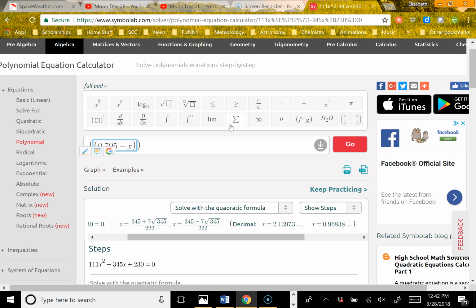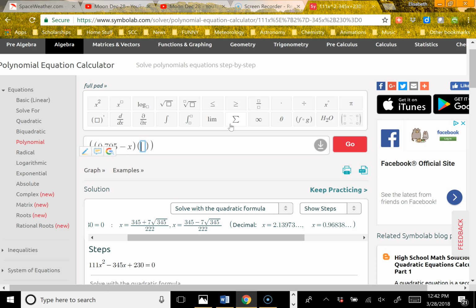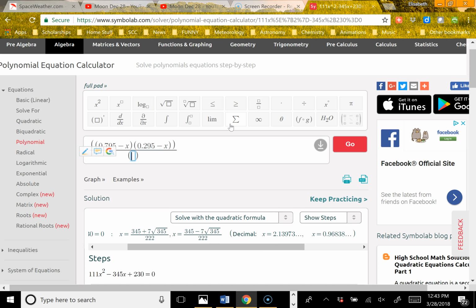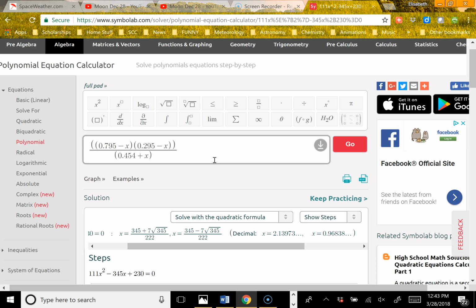Notice I'm doing the brackets like that. What was the next quantity in the numerator? 0.295 minus x. And then that's divided by what's in the bottom? 0.454 plus x. And that's equal to 0.190.